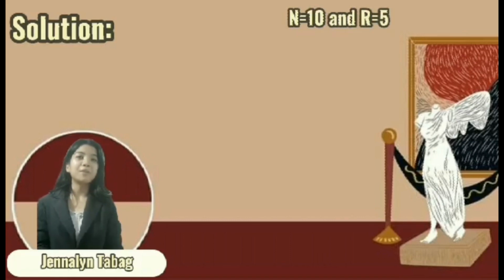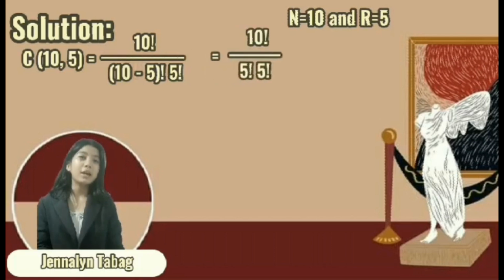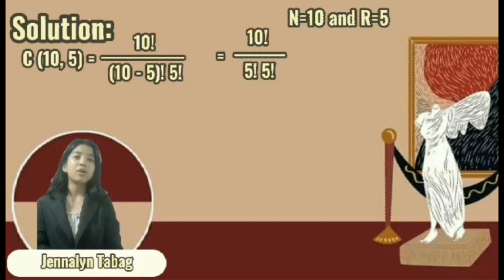So we have combination 10, 5 equal 10 factorial over quantity 10 minus 5 quantity factorial times 5 factorial. Let's compute the operation inside the parenthesis, which is quantity 10 minus 5 quantity factorial. So we have 5 factorial because 10 minus 5 equals 5.